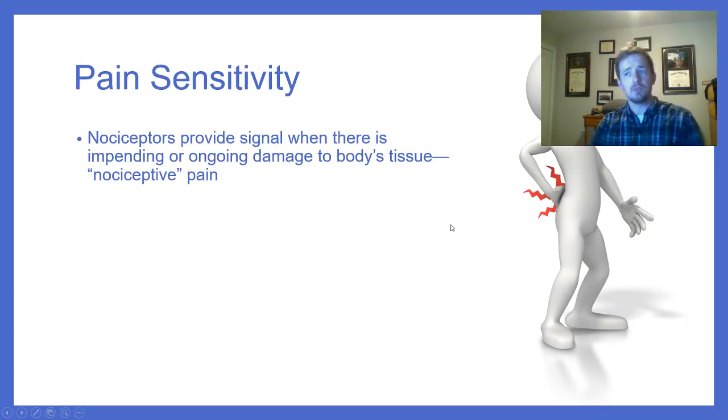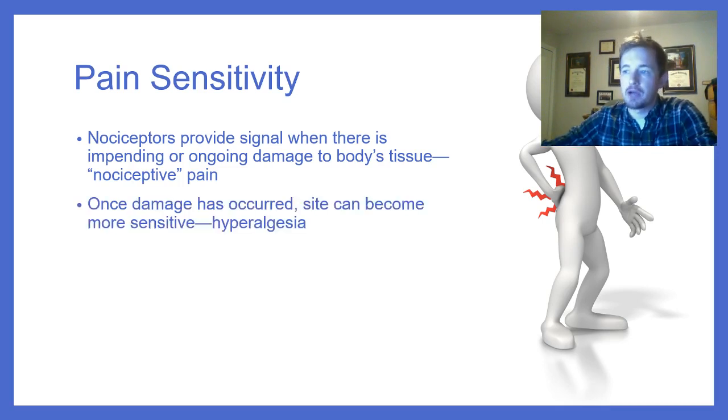Alright, so let's talk a little bit about pain sensitivity. So, when we're talking about pain, that kind of tissue damage, that is nociceptive pain. So, when we know that there is some kind of pain that's happening right now, that's nociceptive pain. But after that happens, sometimes we can become more or less sensitive to that area. When we become more sensitive to it, that's called hyperalgesia.